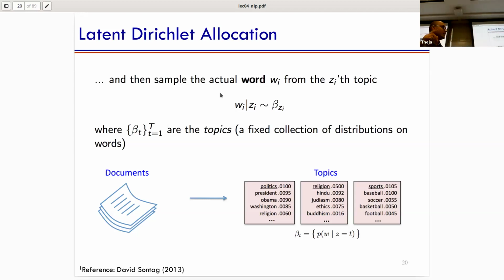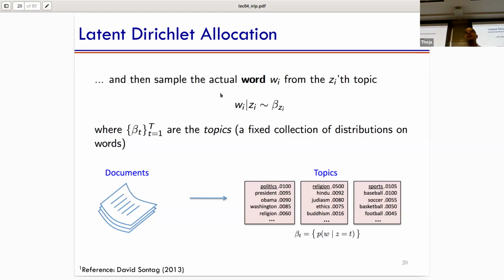The beta, the probability of a word under each topic, topic 1, topic 2, topic 3, the probability of every word in my dictionary. That's what we're computing. Those are the estimated parameters of this model. And there is another set of parameters, which is alpha 1 to T, the parameters of the Dirichlet distribution. Those are the two sets of parameters that we need to learn given a corpus of documents.